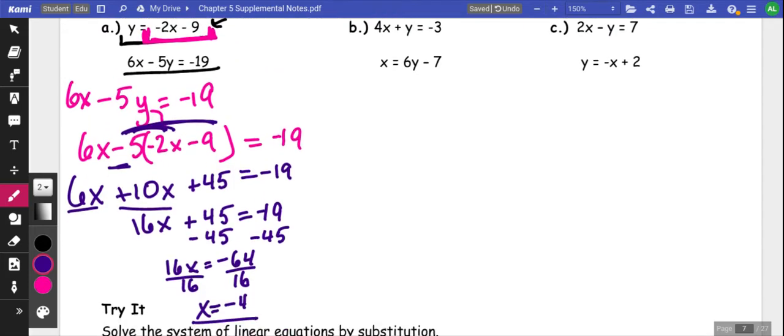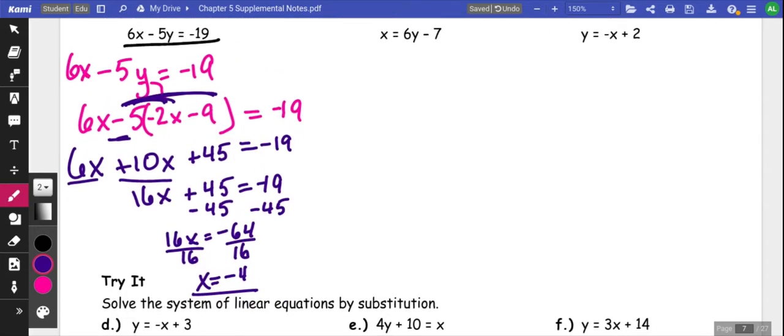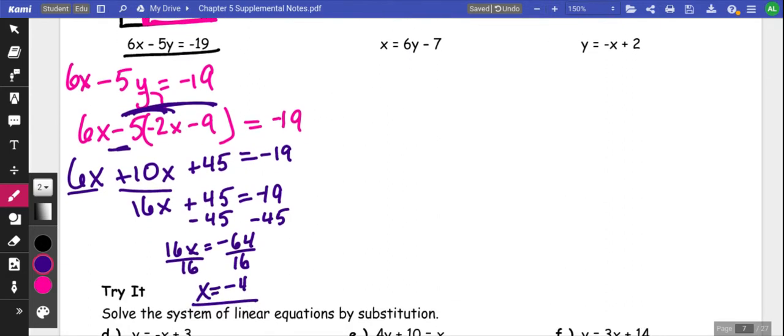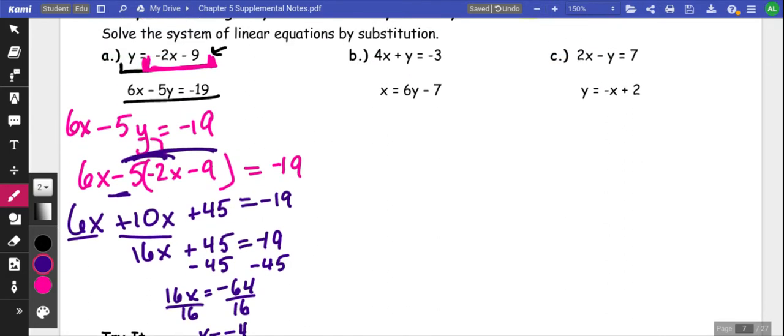Okay, the good news is it's usually a little bit easier to find the y value. So over here, let's say, okay, I've got this x equals negative 4. You're allowed to plug that x into either one of these equations and then solve for y. I would say usually if you already have this equation where one variable is isolated, this is usually the easier one to solve for.